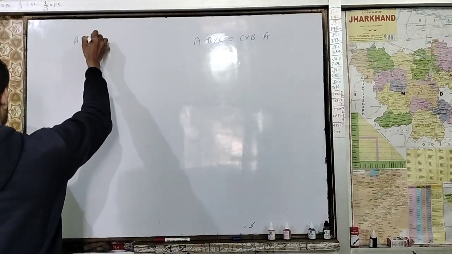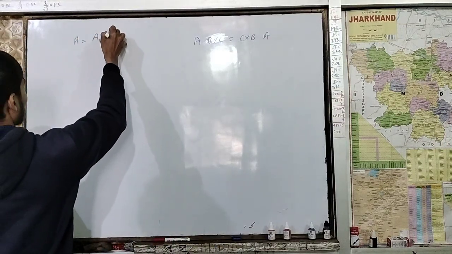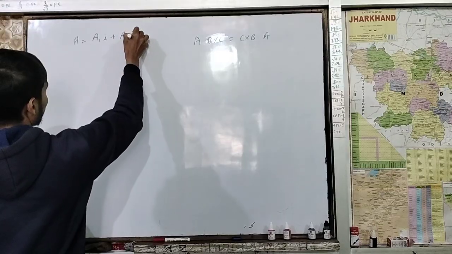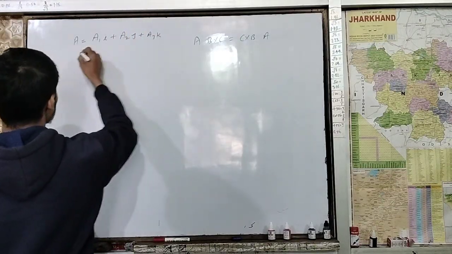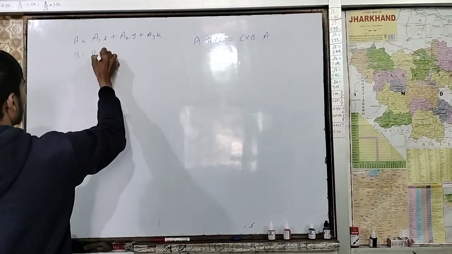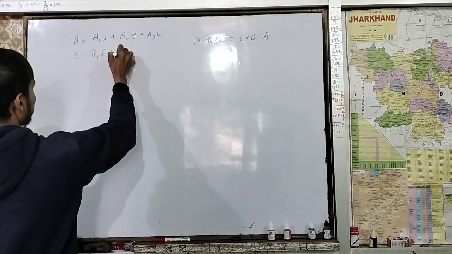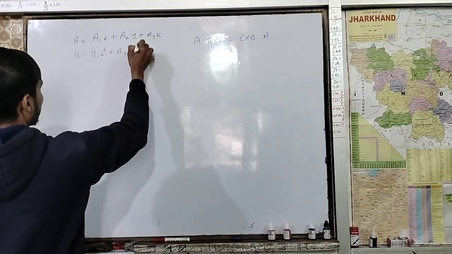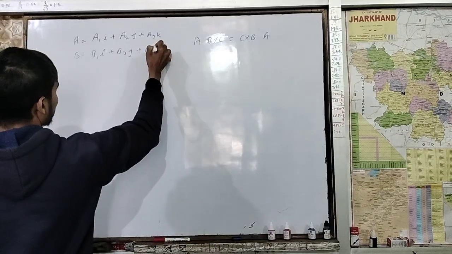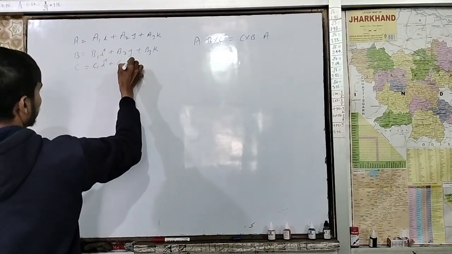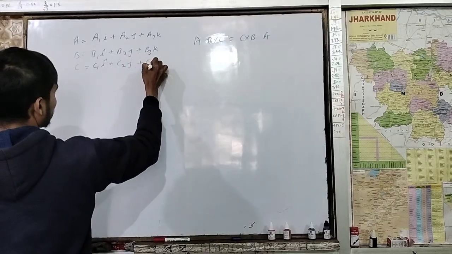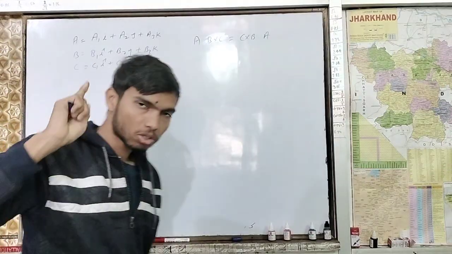A is given as A1 i cap plus A2 j cap plus A3 k cap. B is B1 i cap plus B2 j cap plus B3 k cap. C is equal to C1 i cap plus C2 j cap plus C3 k cap. Here our focus is on the bracket.